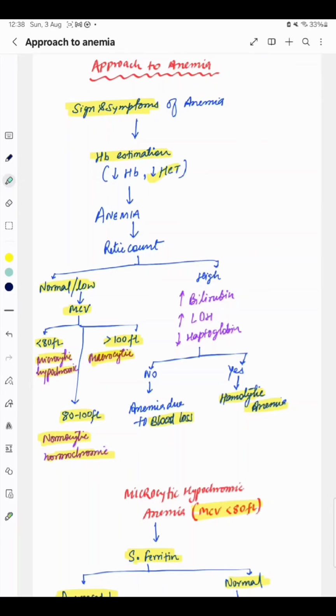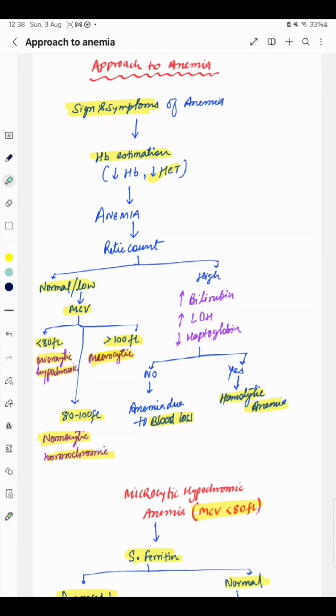So there are certain signs and symptoms of anemia like weakness, fatigue, pallor, and there are so many other signs according to the type of anemia. Breathlessness, palpitation in case of severe anemia.